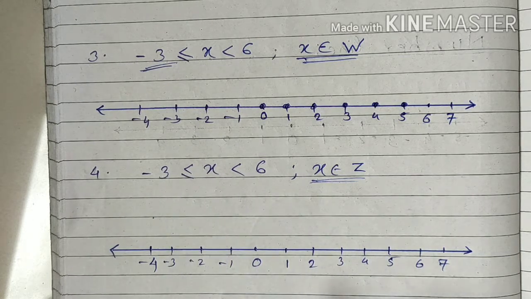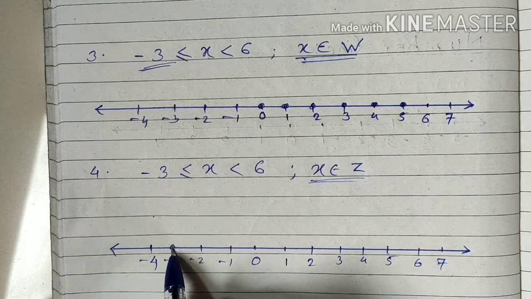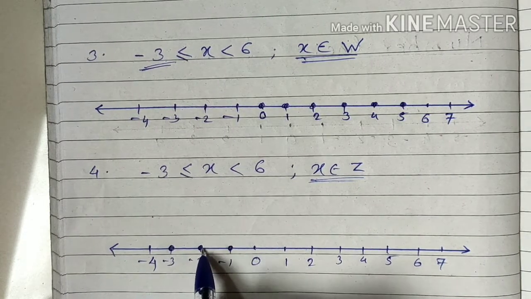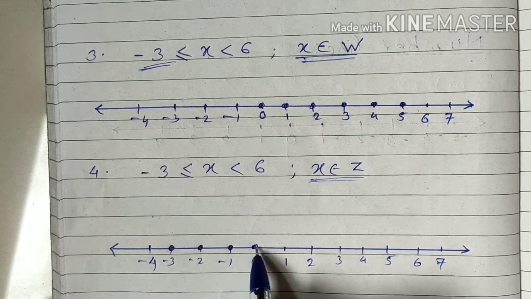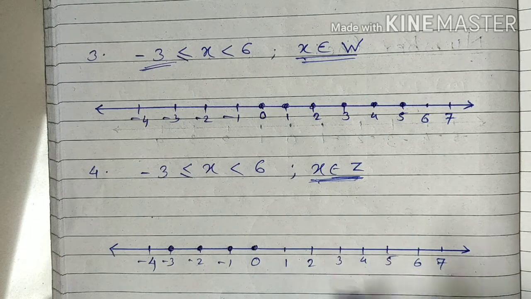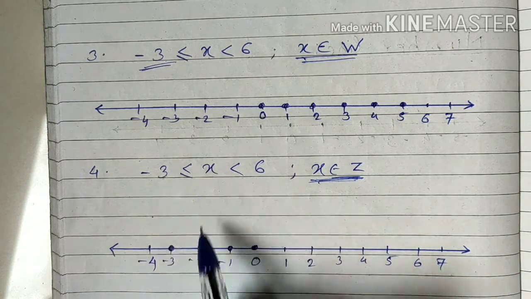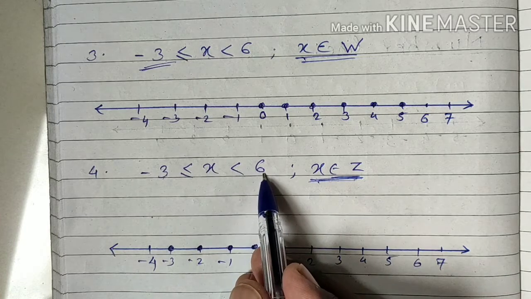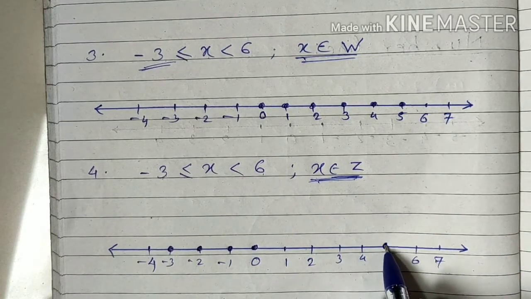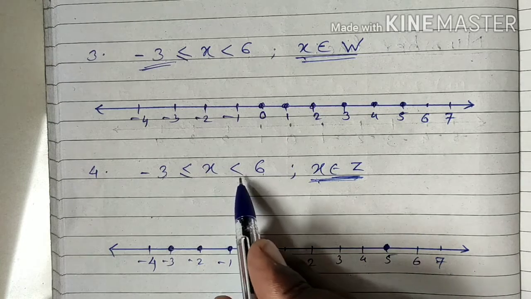That means -3 is included in our set, then -2, -1, 0. Since it belongs to the integer set, we have to consider negative numbers in our set. So -3 is also included, and less than 6 means up to 5. 6 is not included. Okay.